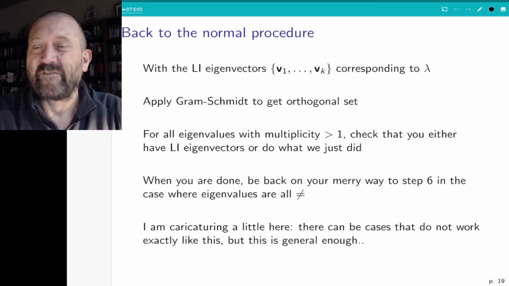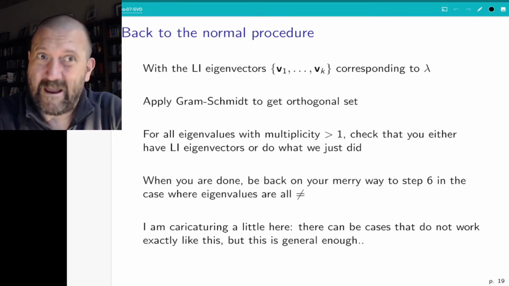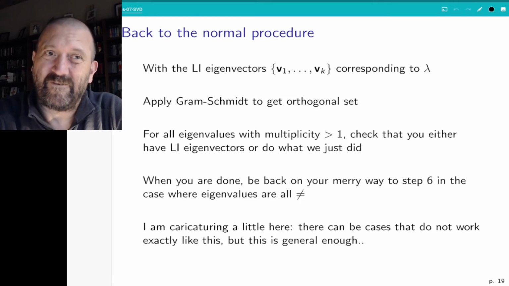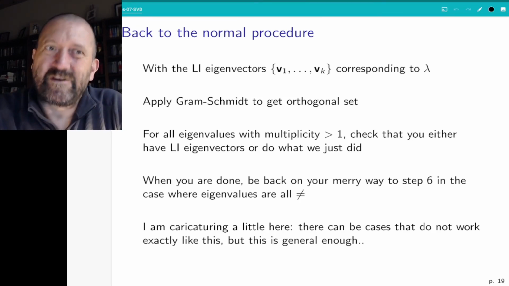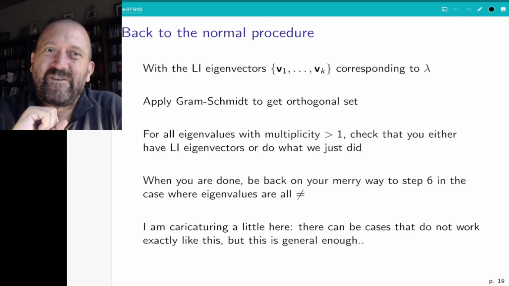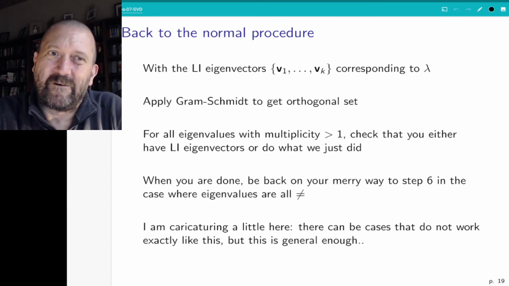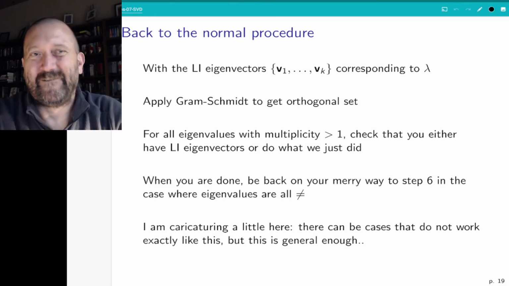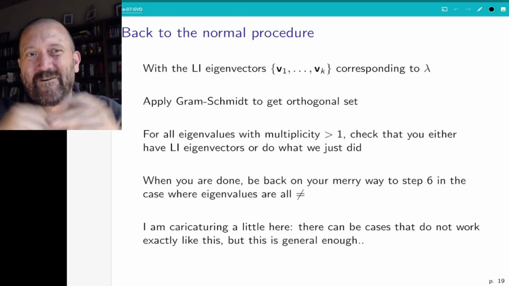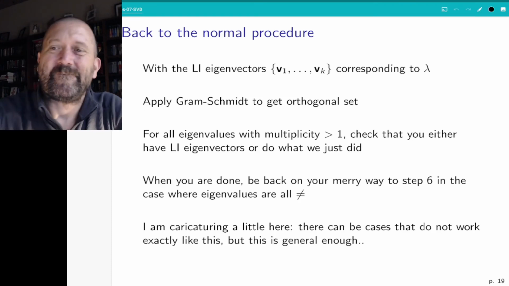So we can go back to step 6, which was ensure that all the eigenvectors are unit. So you can guess that once you run into this type of problem, the computations are a bit longer than they are in the nice organized case where everything is distinct.